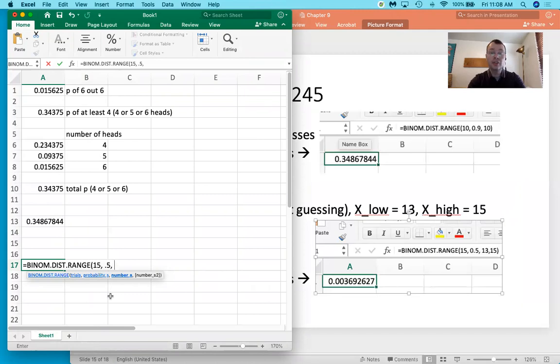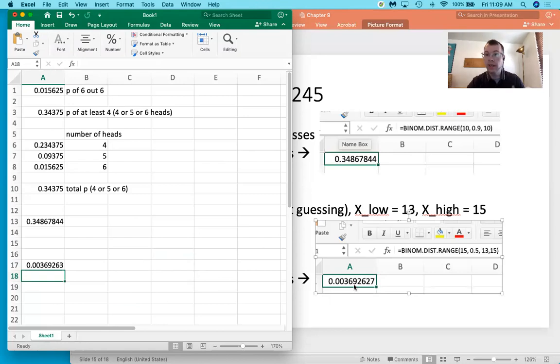And we want at least 13, so 13 is the lowest number of successes of interest. And then the maximum we could get is 15. So at least 13 means 13, 14, or 15. We've got to always type that last number correctly, and if it's an at least problem, that last number is going to match n. The highest that you can do is n successes, 15 successes out of here. And we get that that's a very small chance.